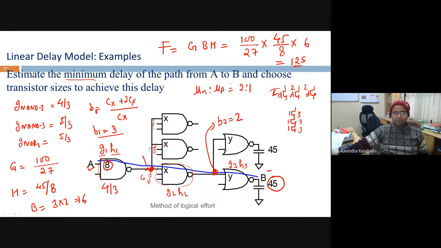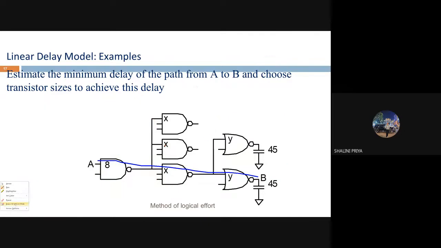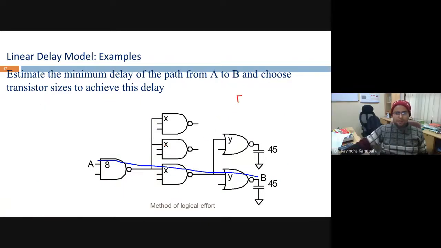If this is 125, then tell me how many stages are there in this particular circuit? 1 stage, 2 stage and 3 stages. There are 3 stages, yes or no? So this circuit has F equal to 125 and number of stages N equal to 3.